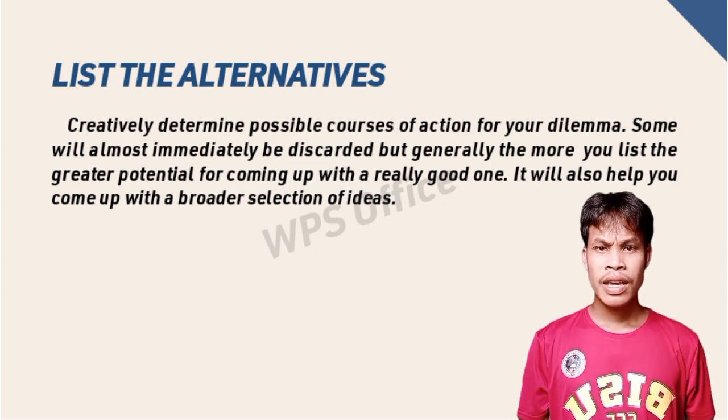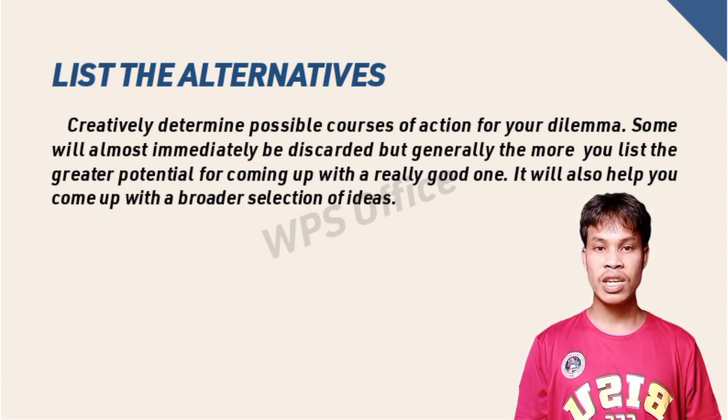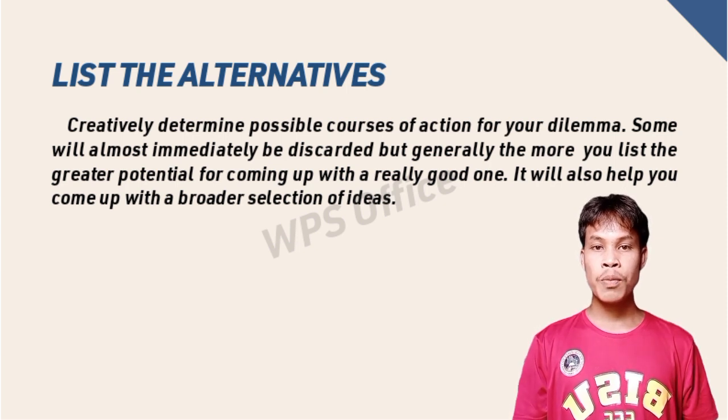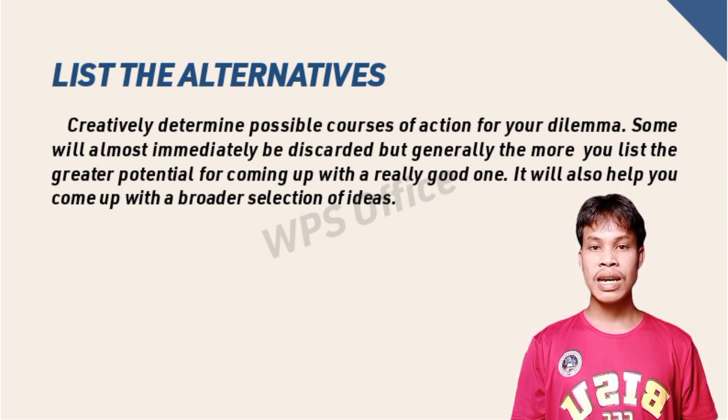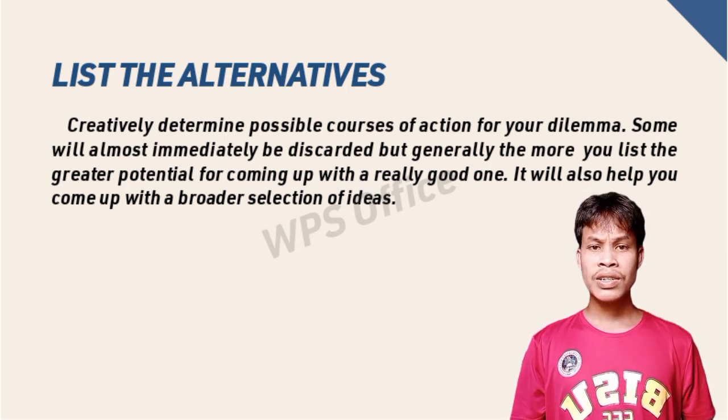For example, if faced with a moral dilemma in the workplace, the individual might consider alternatives such as reporting an ethical violation, confronting the involved parties directly, seeking guidance from a supervisor, or seeking external counsel.